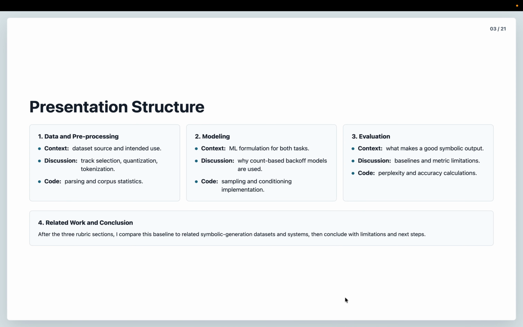Modeling and evaluation are separate sections, but each section covers both selected tasks. I also include several code walkthrough slides because the main technical work in this project is the conversion from raw MIDI messages into symbolic tokens, probabilities, and generated MIDI files.